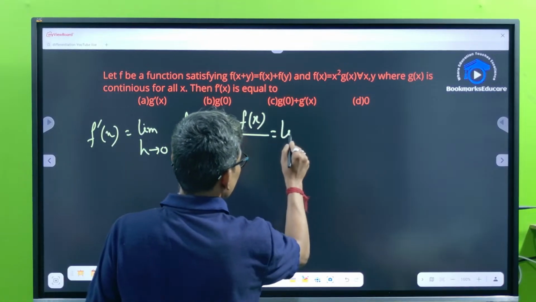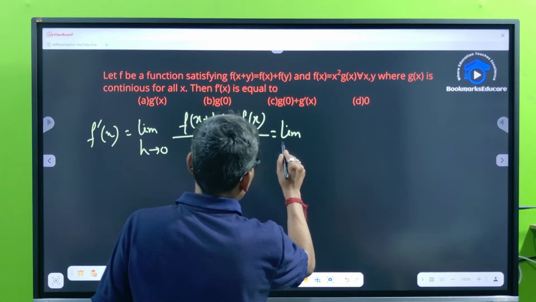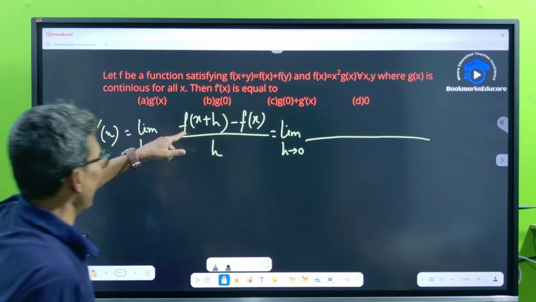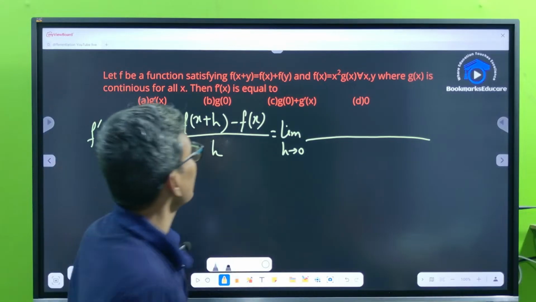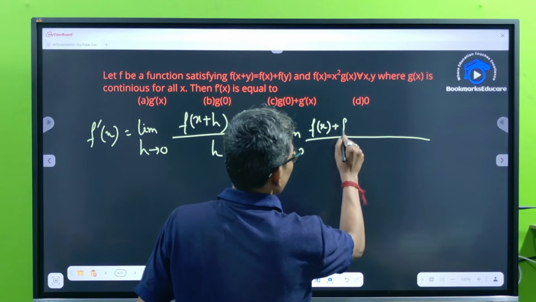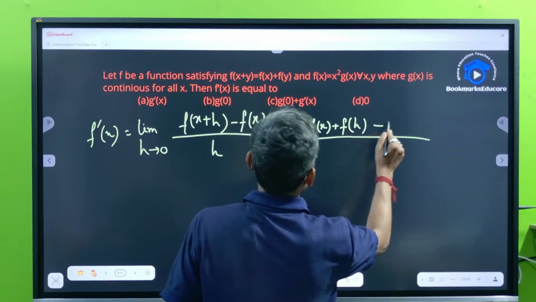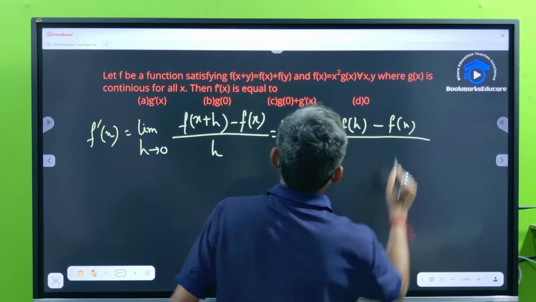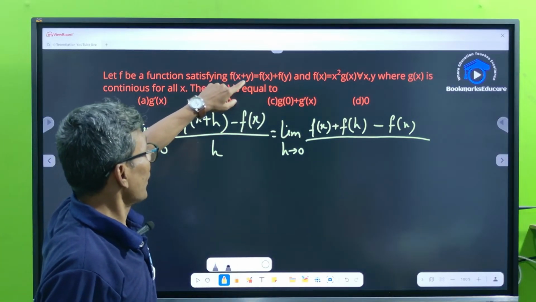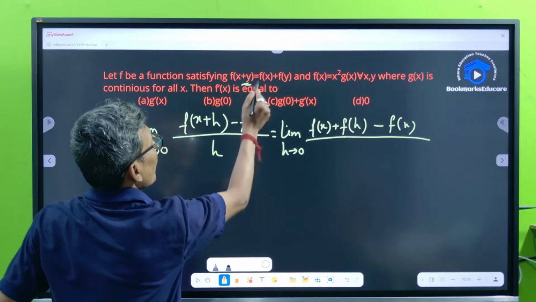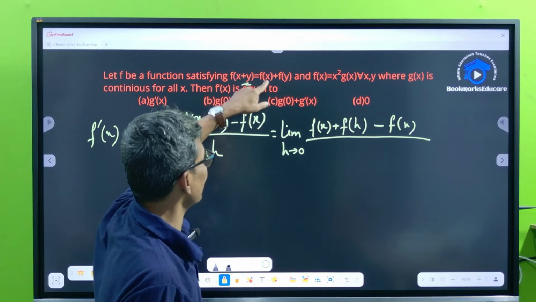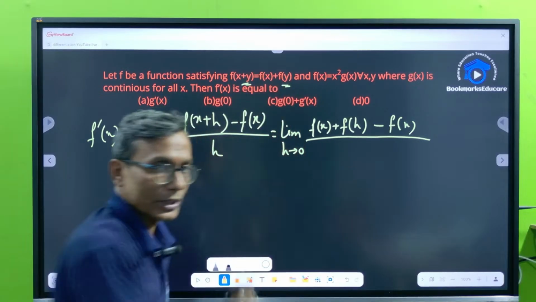Now limit h tends to 0, instead of f of x plus h, what can we write? We can write f of x plus f of h minus f of x, because if we put h instead of y, then f of x plus h is equal to f of x plus f of h.